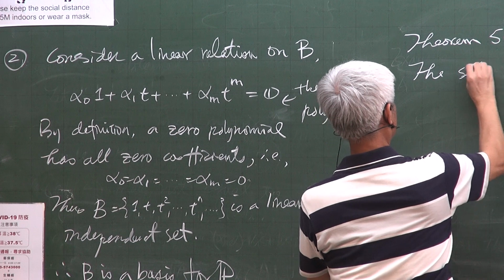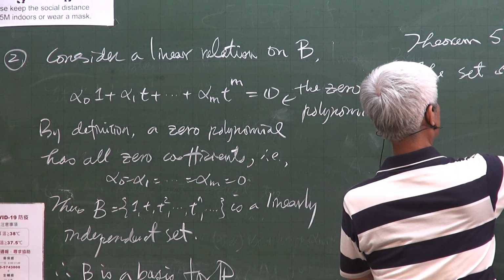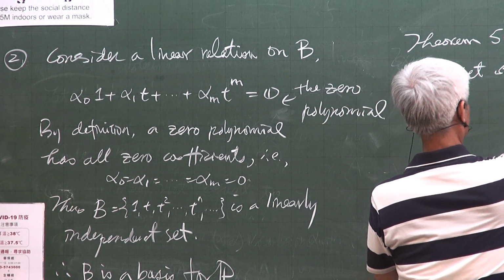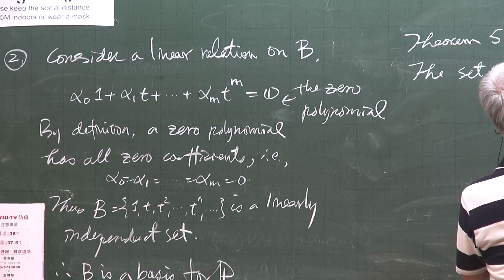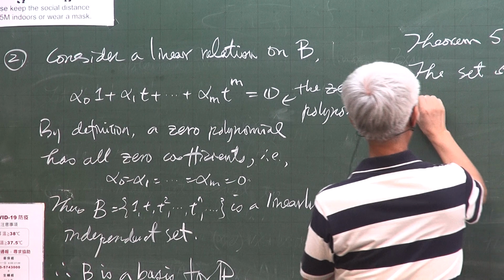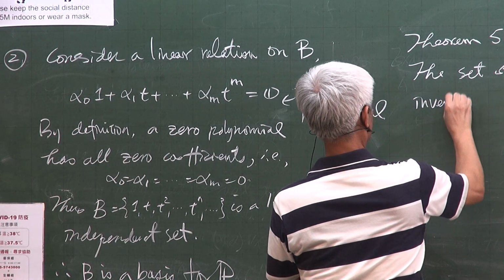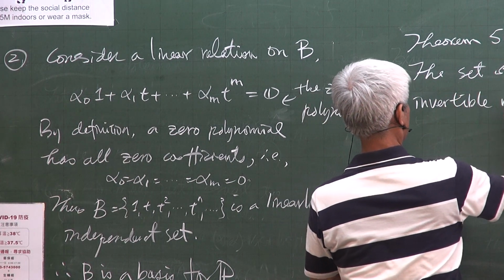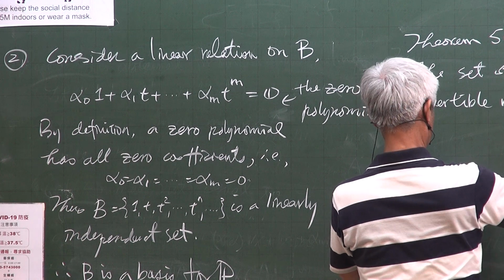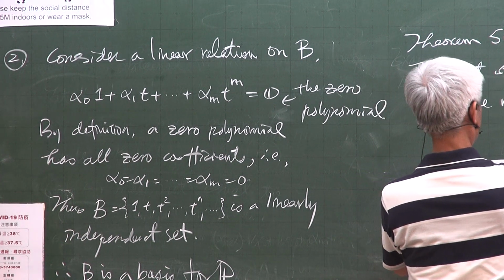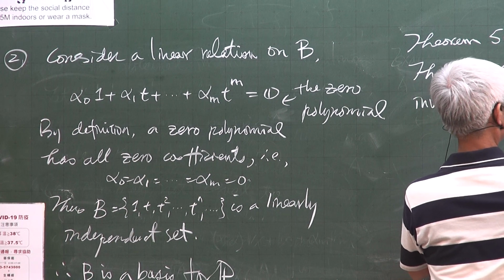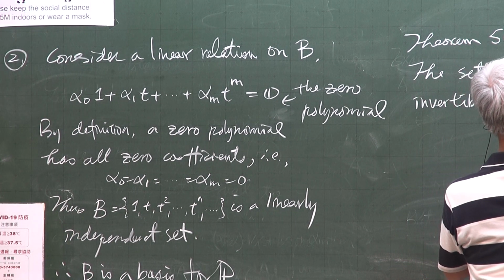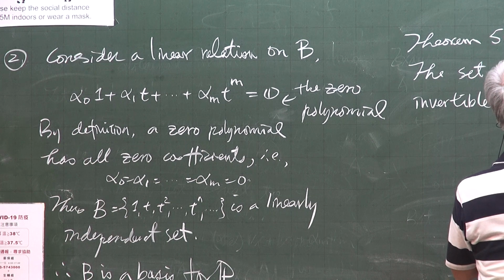The set of columns of any n times n invertible matrix is a basis for Rⁿ.